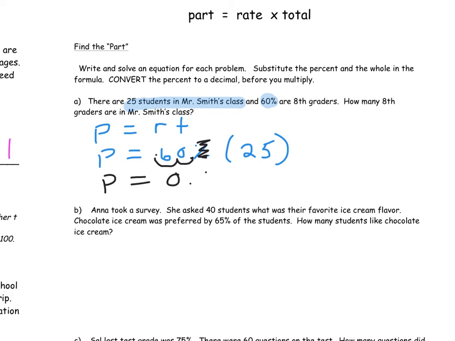We're going to put 0.60, or 0.6 would work, times 25. So pause and do that in your calculator. And the part of her students that are eighth graders are 15. So again, if I was working with my iPen, I would write that in a sentence to answer the question. How many eighth graders in Mrs. Smith's class? There are 15 eighth graders.